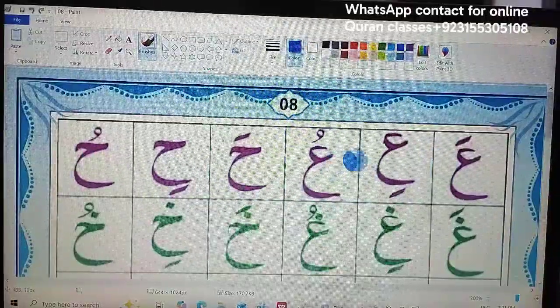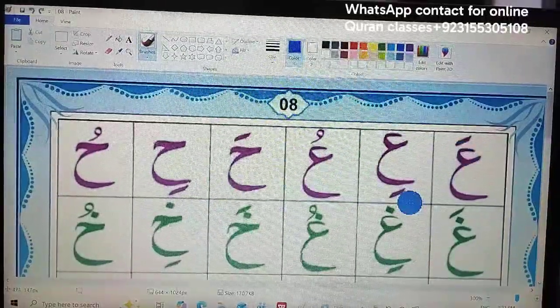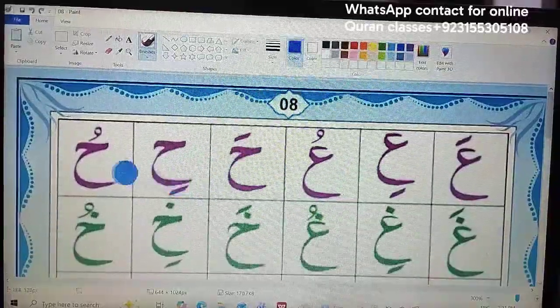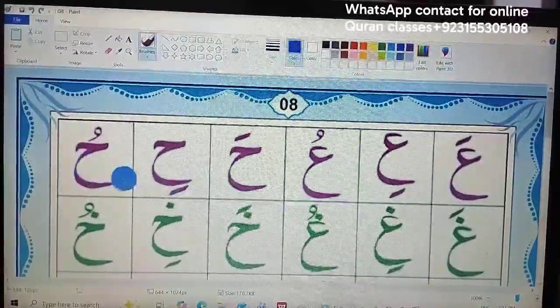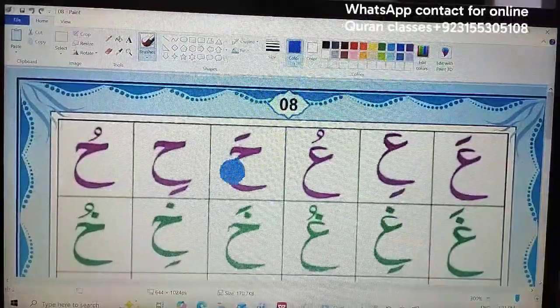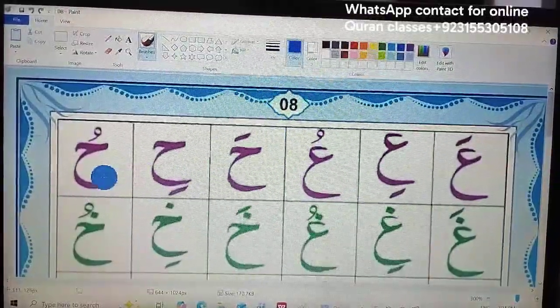Now we read without spelling: a, i, o, ha, he, hu. We don't read this letter as ha. Ha is another letter. This is ha, he, hu.